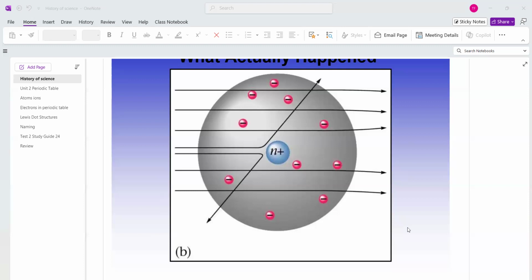Now, you all know what's inside the nucleus, protons and neutrons. What charge are protons? Positive. And what do positive charges next to one another want to do? Repel one another. So you've got these tiny, tiny, tiny charged particles in this tiny, tiny, tiny space.